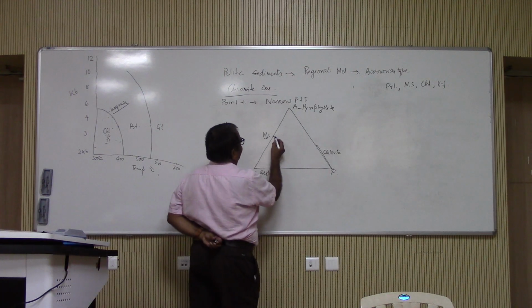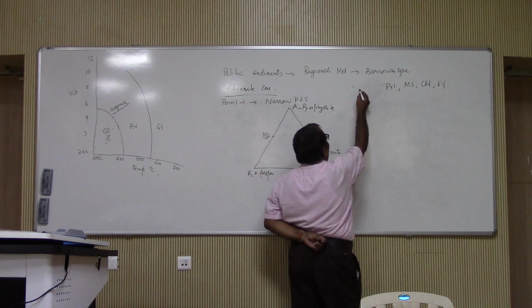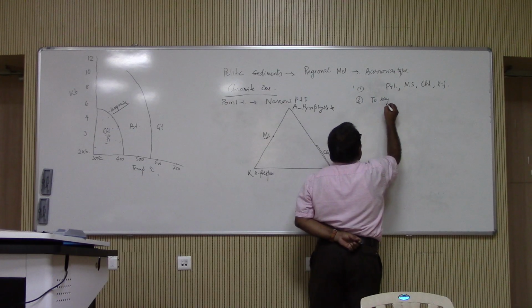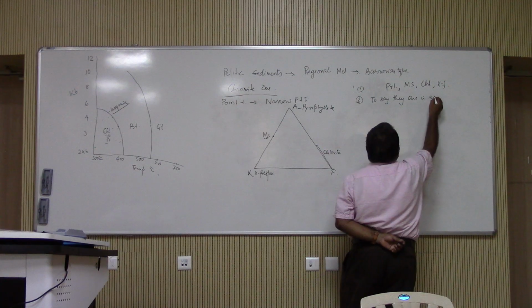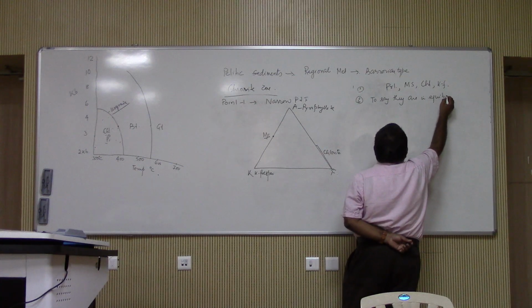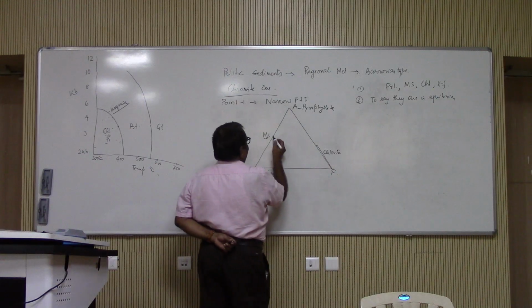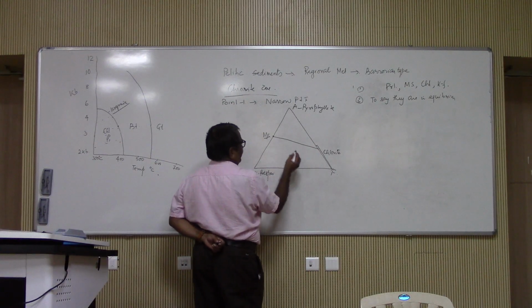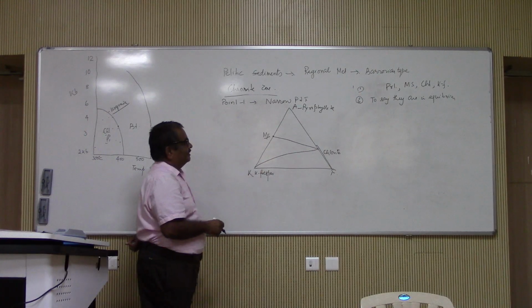Now to say they are in equilibrium, you know. To say they are in equilibrium, what will we do? Now we will join by these tie lines. I join a tie line like this. Now join tie lines.